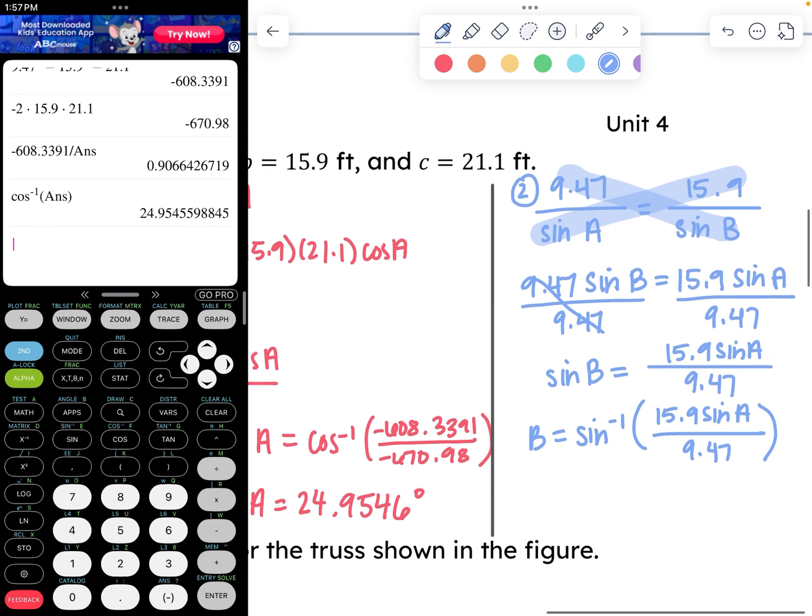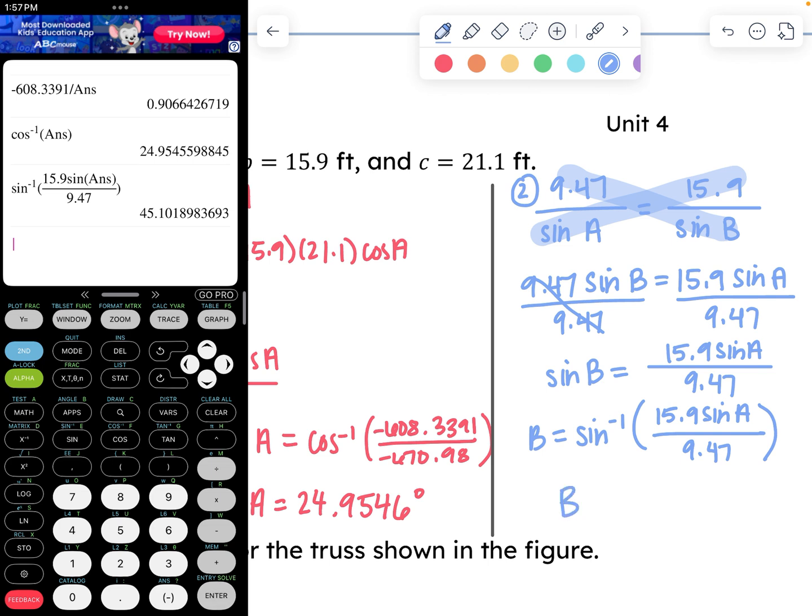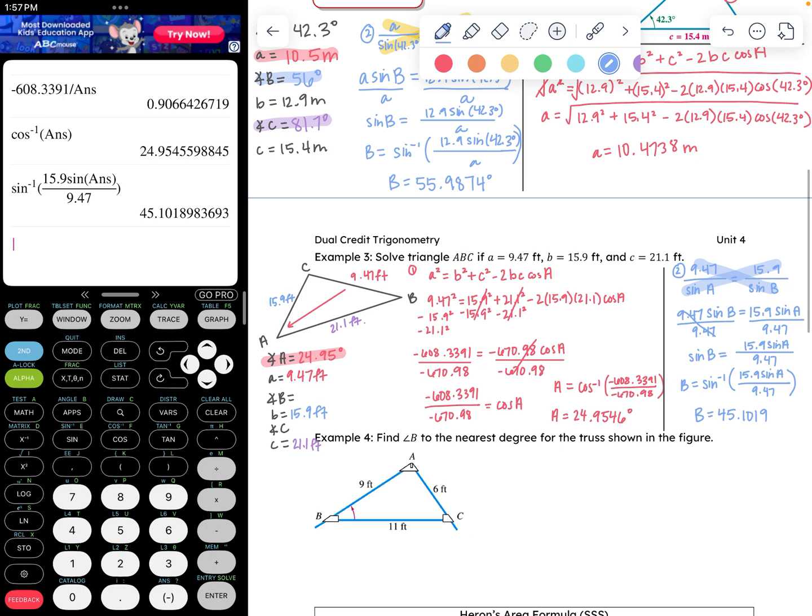Okay, when I do my inverse sine, I want to make sure I use that exact value for A. So I'm going to do inverse sine. I'm going to do alpha x for my fraction, 15.9 sine of second negative sine to get that angle for A. And then on the bottom, I'm going to do the 9.47, which means for B, the angle I get is 45.1019. So when I round it over here, that would be 45.10 degrees.